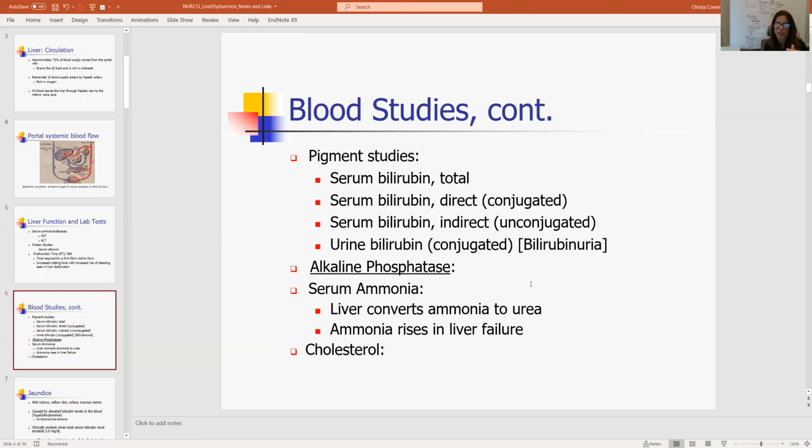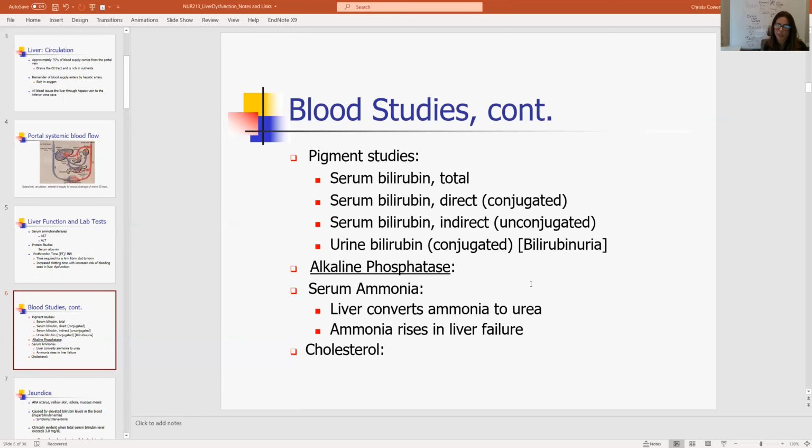It'll display all of those values for you, but know that the total is a combination of your direct and your indirect. As you can imagine, if you have a high direct or conjugated bilirubin, then your total will be high. Similarly, if you have a high indirect or unconjugated serum bilirubin, you will have a high total bilirubin.